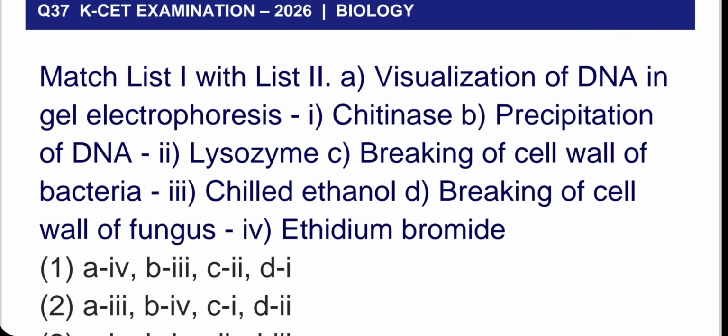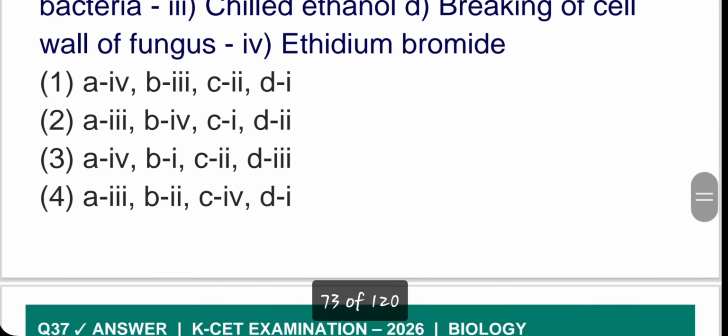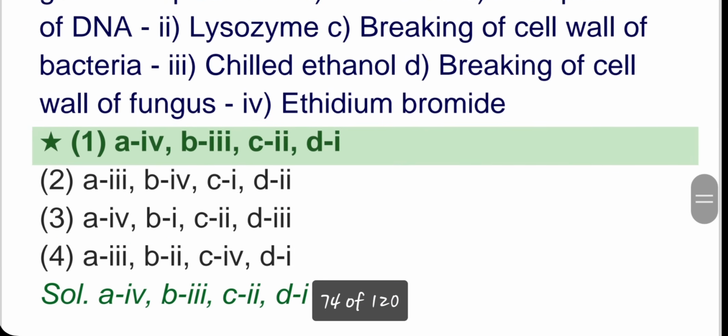B, precipitation of DNA, chilled ethanol, B is 3. C, breaking of cell wall of bacteria, lysozyme is correct. D, breaking of cell wall of fungus, it is chitinase. So the first option is the correct one: A4, B3, C2, D1.